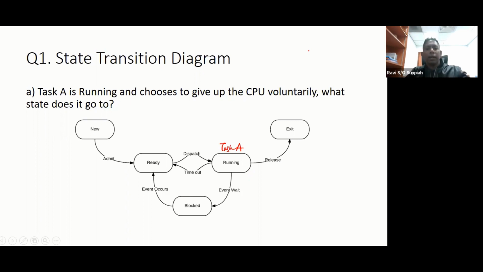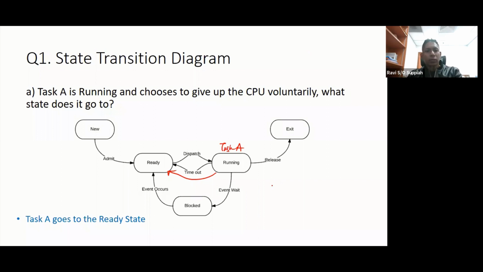That means if I'm running I have all the resources I need, and I choose to voluntarily give up, even though I have everything. So since I have everything and I choose to voluntarily give up, I will go to the ready state over here. So it will transition to the ready state when it decides to voluntarily give up the CPU. That is the first scenario.